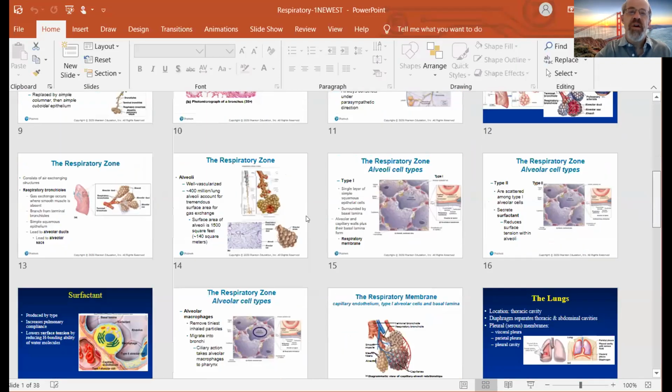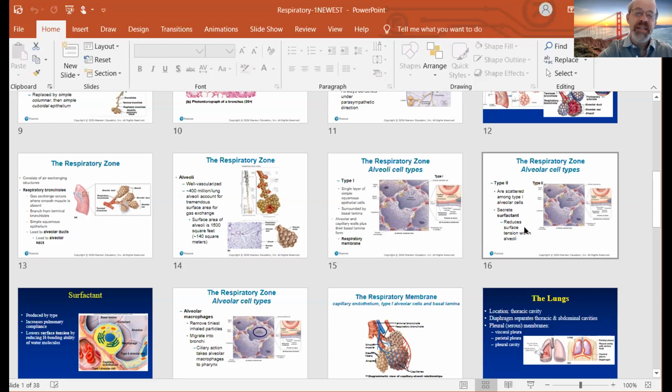We then got to the final frontier, the alveoli. Along with the respiratory bronchioles, these are the site for gas exchange. The characteristics of the alveoli are that we have a thin epithelium. I know it's kind of small, but you've seen these slides before. The thin epithelium allows for rapid diffusion of oxygen, and CO2 in the other direction. We spoke to the fact that there are three cells, the type 1 cells and the type 2 cells, which are surfactant producing.